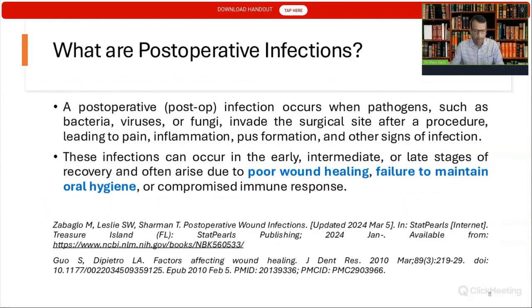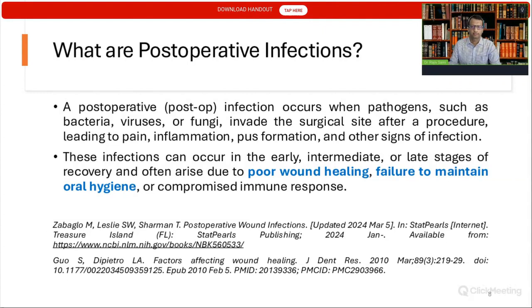So what are post-operative infections in general, in terms of dentistry from an operative point of view? A post-operative infection occurs when pathogens such as bacteria, viruses, or fungi invade the surgical site during or after a procedure, leading to cardinal signs of inflammation like pain, swelling, pus, and other signs of infection.